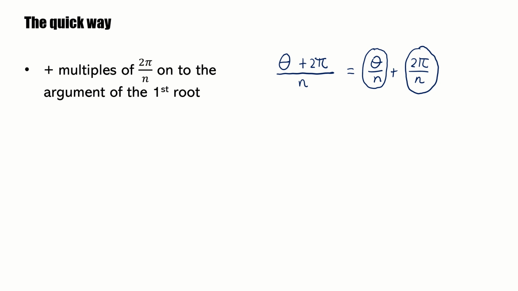So that is the much quicker way of doing it. And it is also worth pointing out that the modulus of the complex number is all the same as each other.